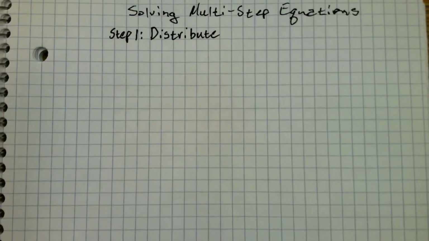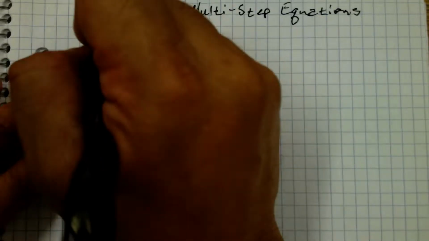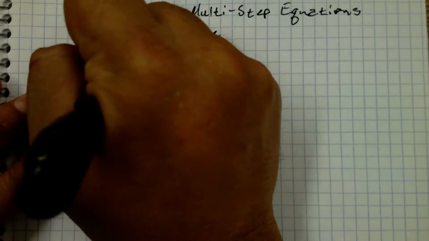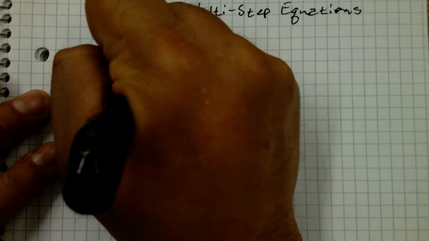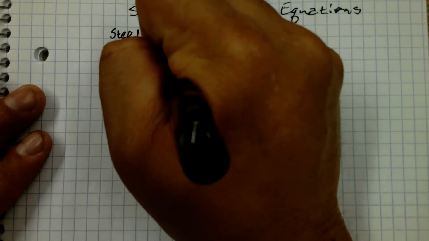Okay. So on Tuesday, one of the IXLs you had was practicing using the distributive property, and you'll see why tomorrow. Okay. Step 2. Step 2 is going to be to combine like terms.